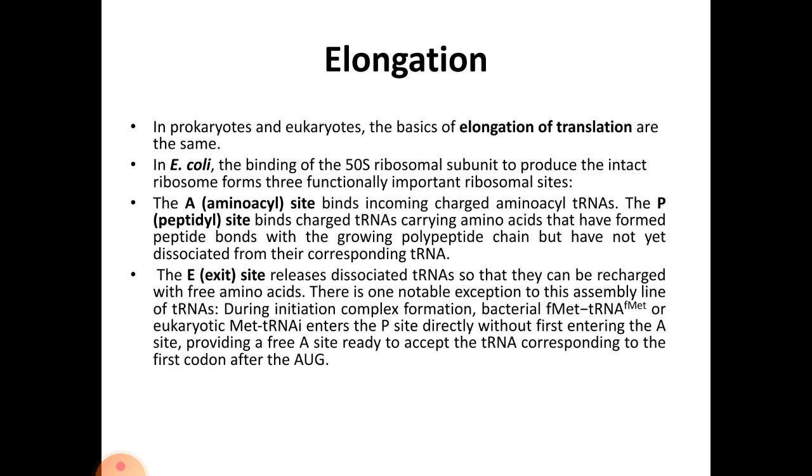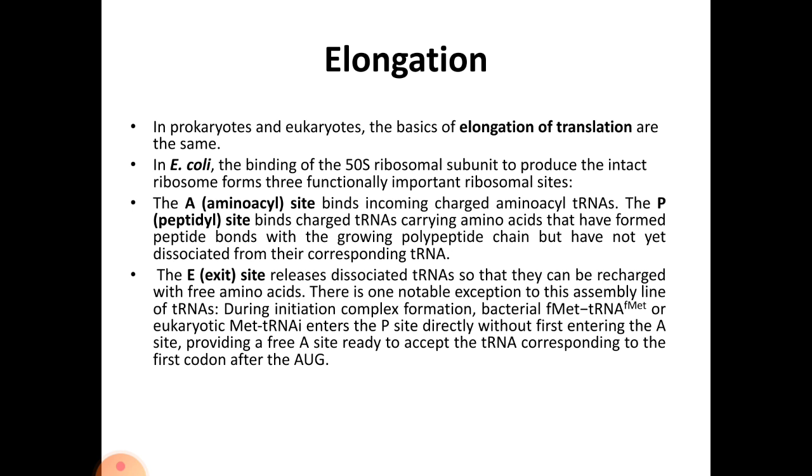The next step in translation is elongation. In prokaryotes and eukaryotes, the basis of elongation of translation are the same. In E. coli, the binding of the 50S ribosomal subunit to produce the intact ribosome forms three functionally important ribosomal sites. The A site or amino acyl site binds incoming charged amino acyl tRNAs.